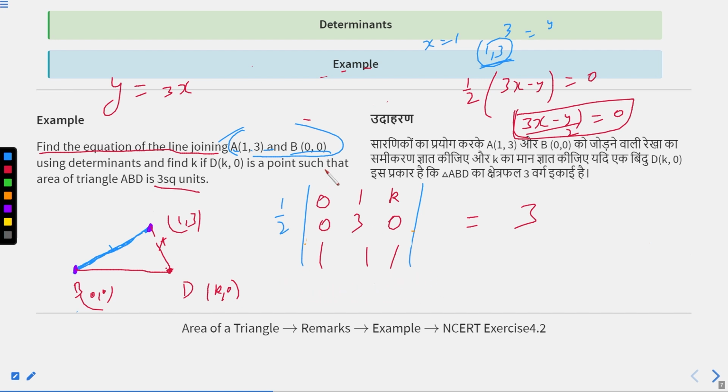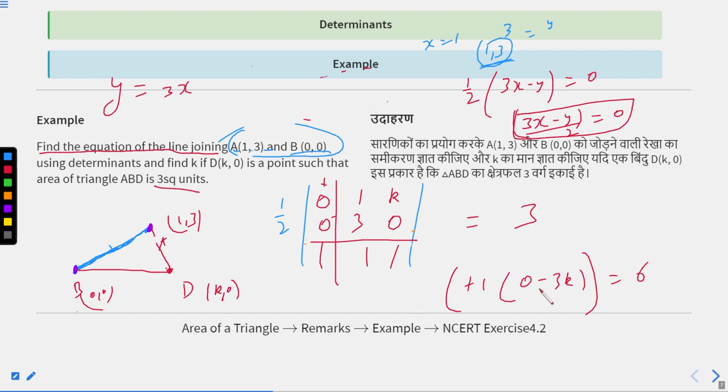Quite simple. I will be evaluating using column 1. So plus, minus, plus: the first two things will be eliminated, and you are only left with plus 1. Now eliminate this and this. You have 0 minus 3k. As you can see, this will be 3, and this will give you 6.